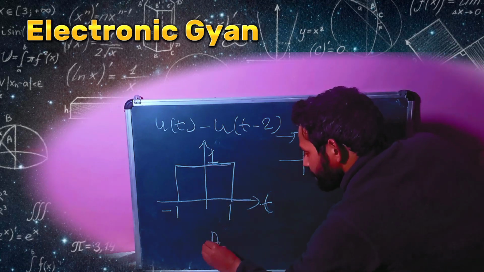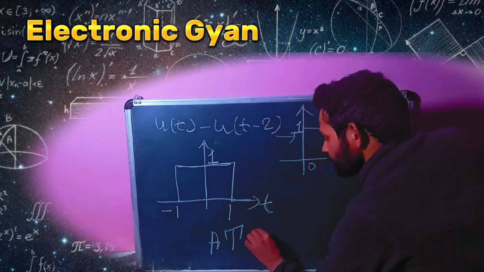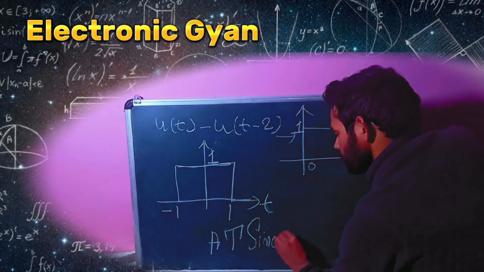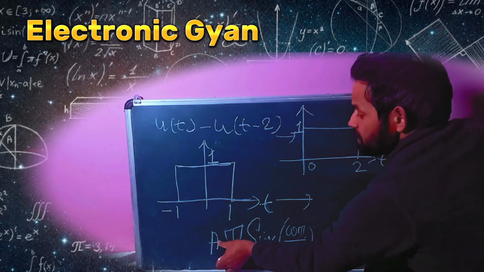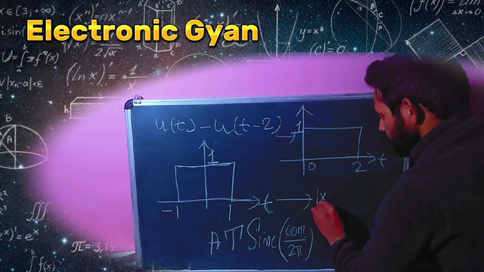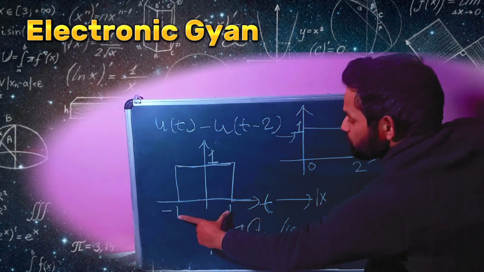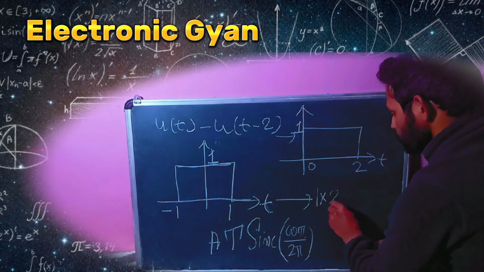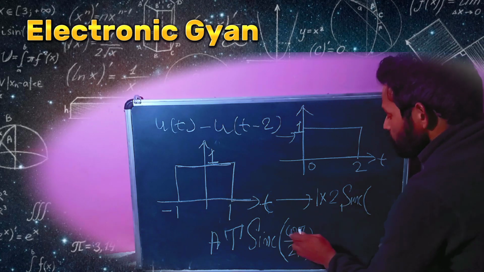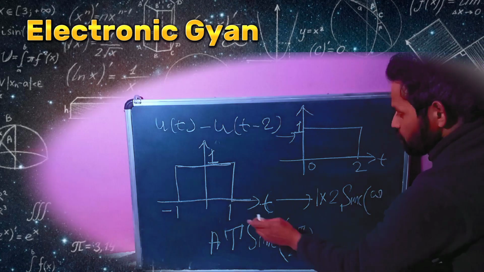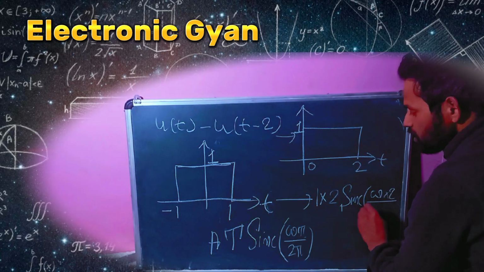We know the standard rectangular signal's Fourier transform is A t sinc omega t by 2 pi. Similarly, the value of A here is 1, into t, whose value is 2, into 2 sinc of omega into 2 divided by 2 pi.